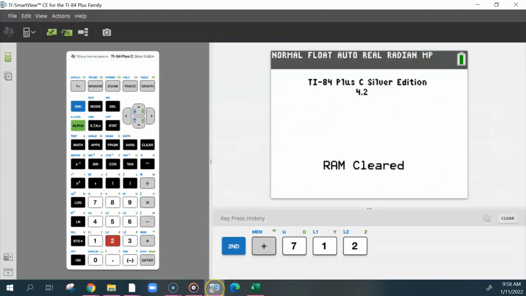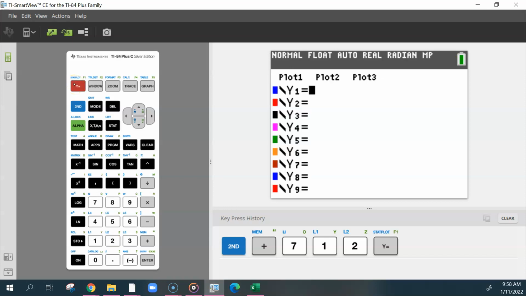And then really quickly, I want you guys to put this in your calculator. So stop packing up. Put your hands on your calculator. Reset it first: second, plus, 7, 1, 2. And we're going to put number 4 in. Go into y equals. You're going to put the first one into y1, the second one into y2.